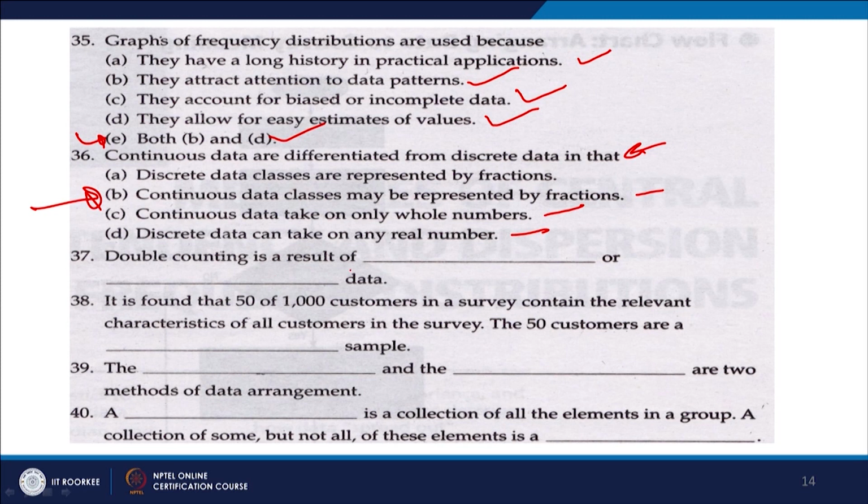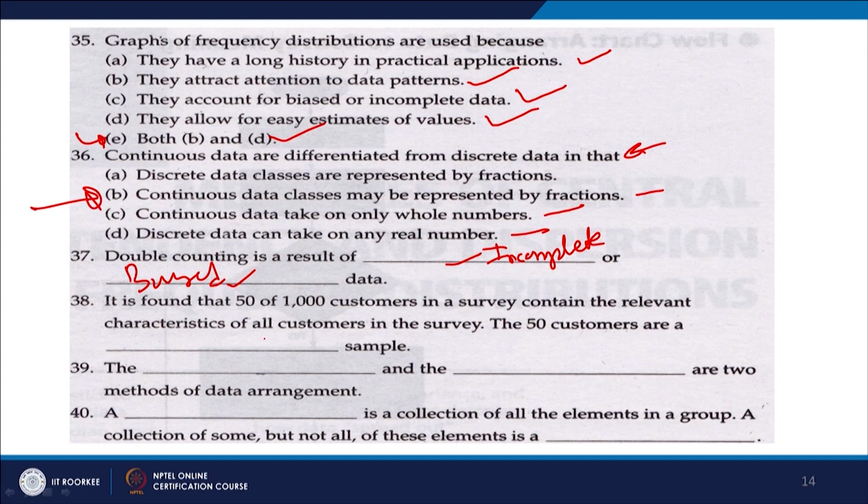Double counting is a result of dash dash dash or dash dash dash data. So, what do you think should come over here and here? So, double counting is a result of incomplete or biased data, right.